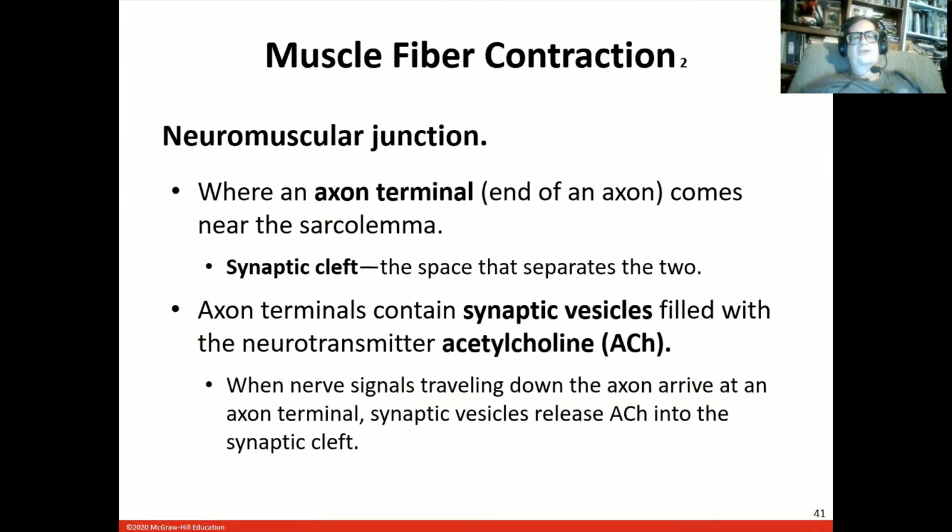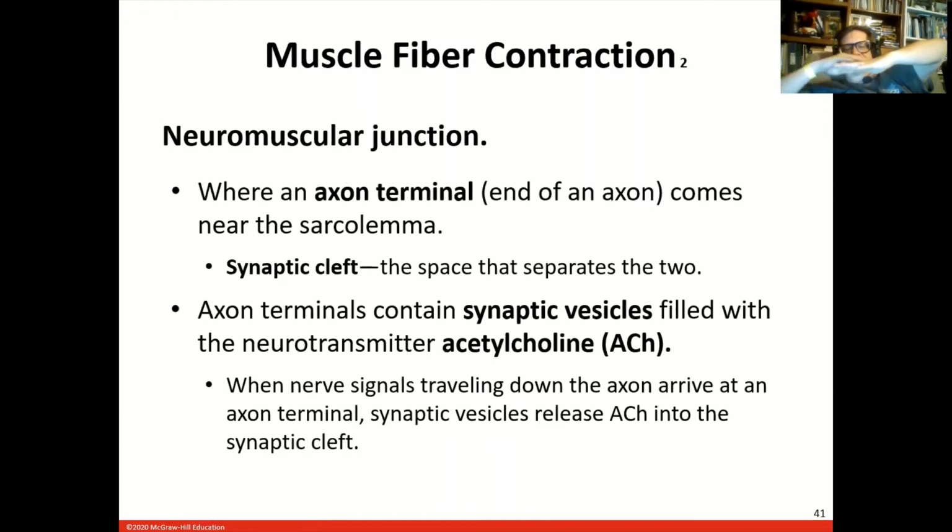Where an axon terminal, the end of the axon, gets really close to the sarcolemma. Remember, the sarcolemma is the plasma membrane of a muscle cell. You have a little space between the nerve and the muscle. We call that the synaptic cleft. So we have the nerve signal coming down. We have that terminal at the end.